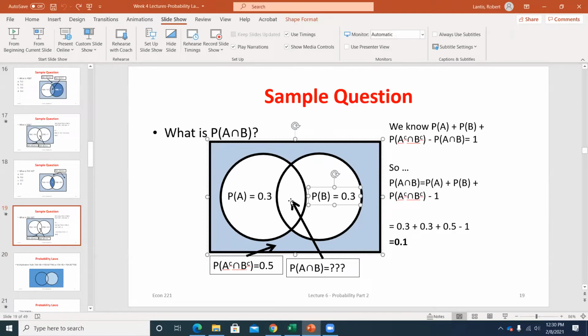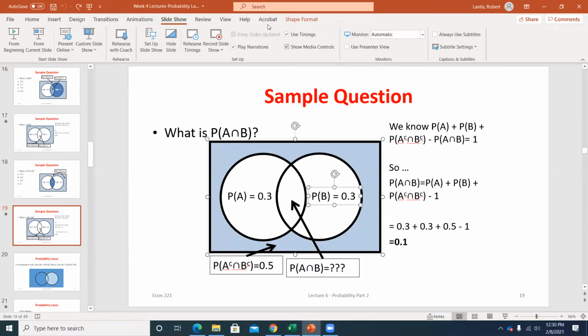So that was the role of subtracting it out, because we were double counting it. So when you're looking at these Venn diagrams, if you're given the probability of an event, that represents the entire circle, including the intersection.